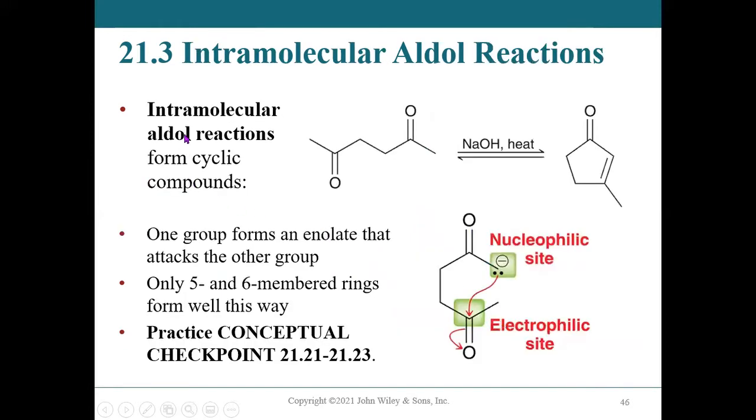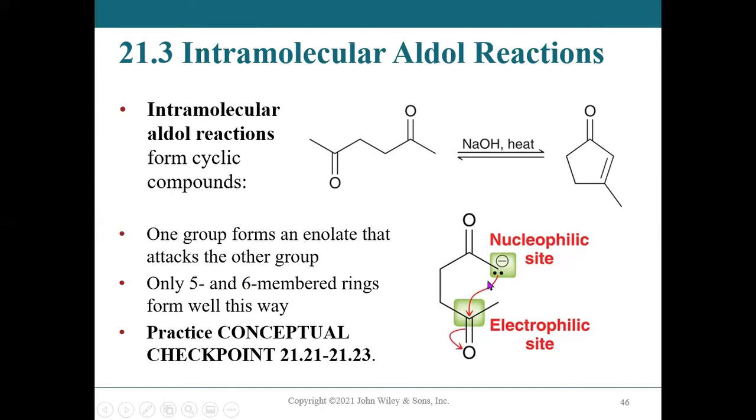It is also possible to have an intramolecular aldol reaction to produce a cyclic compound. Here is one compound that has two carbonyls, a diketone. When we treat it with base and heat, we can produce this cyclic structure that has 5 atoms. One group will form an enolate that attacks the other group.